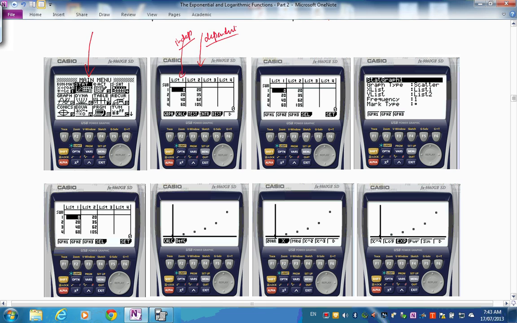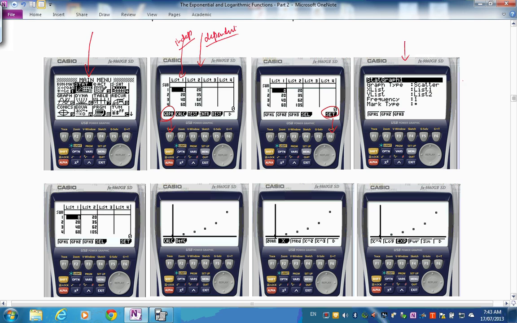In our examples. Okay, so if you do that, we then need to hit graph here by going to F1, and we now get this window, and if you hit set, or get set by hitting F6, we get this window.